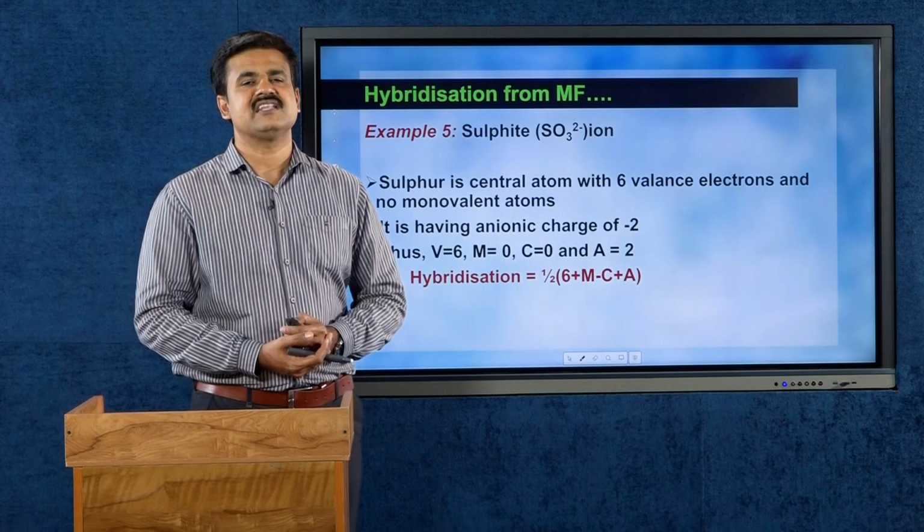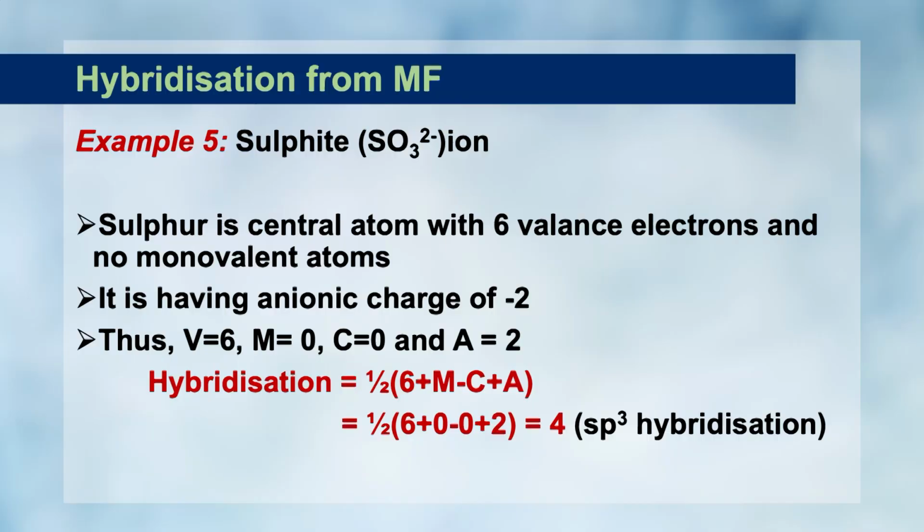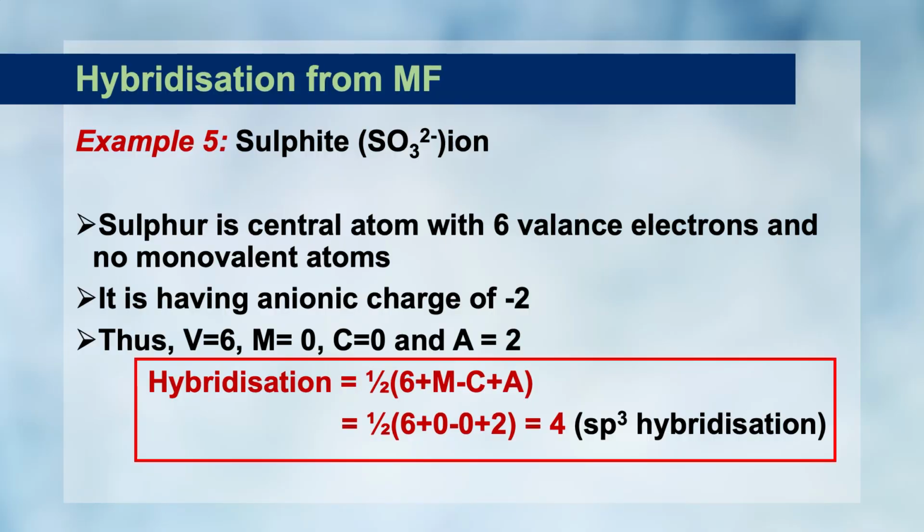On substituting in the expression, we will get hybridization is equal to 4, that is the hybridization is sp3. It is very well clear that SO4 2- that is sulfate anion and SO3 2- that is sulfite anion both have same hybridization, that is nothing but sp3 hybridization.